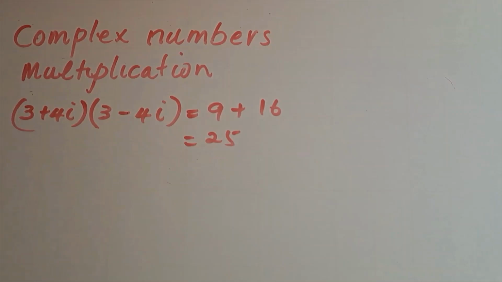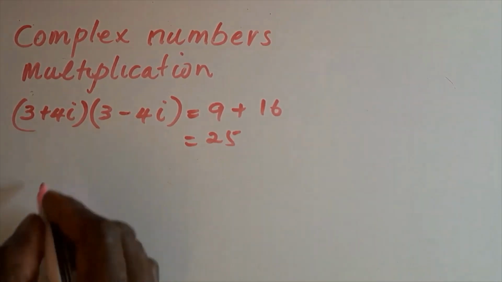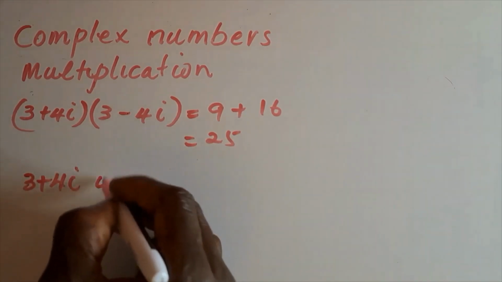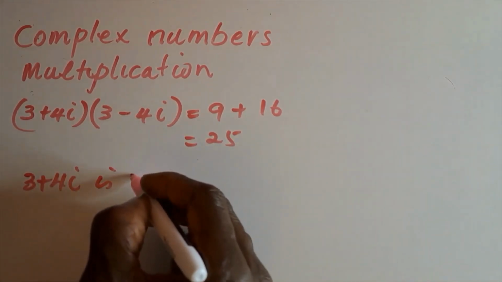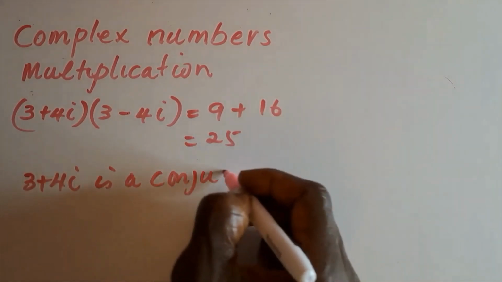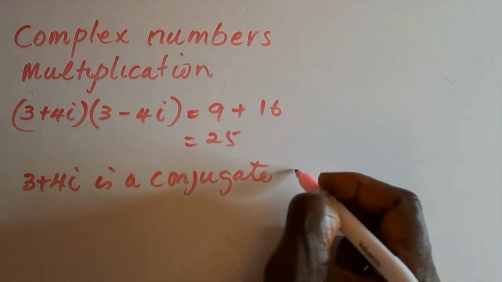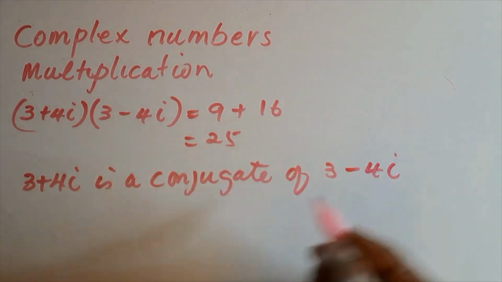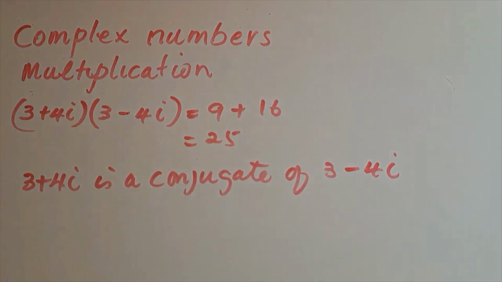3 add 4i is a conjugate of 3 minus 4i, and vice versa. 3 minus 4i is a conjugate of 3 add 4i.